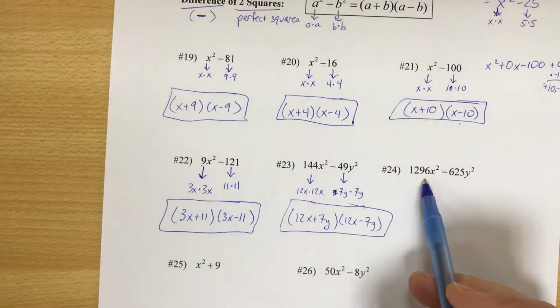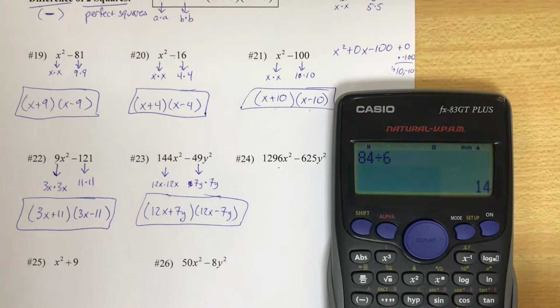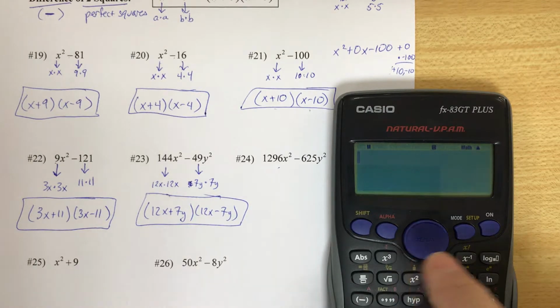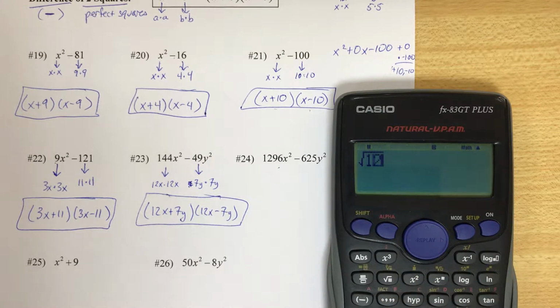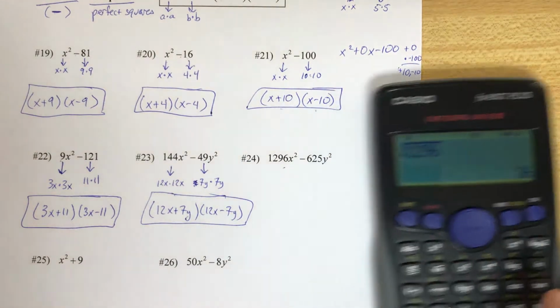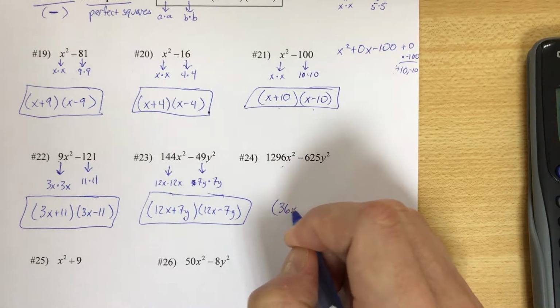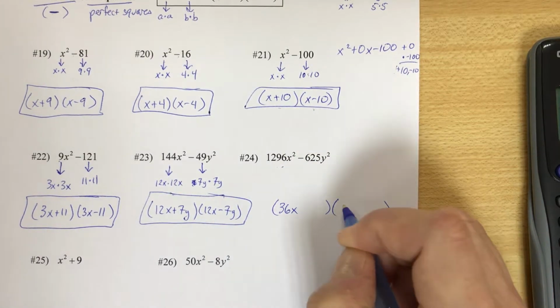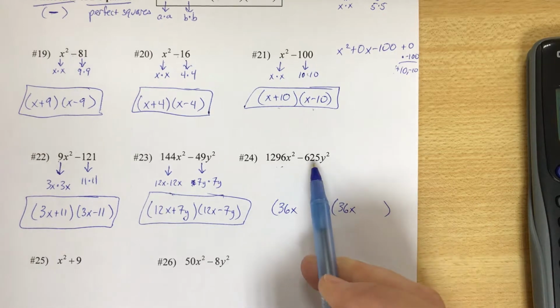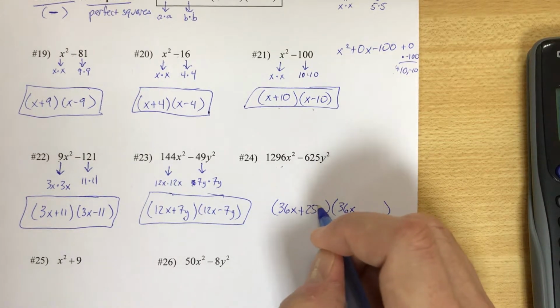Even something like this. Now, what you'd want to do here is probably take a calculator. Is 1296 a perfect square? Yes, it is. It's 36. So that is 36x. How about the square root of 625y squared? Well, that just happens to be 25y.